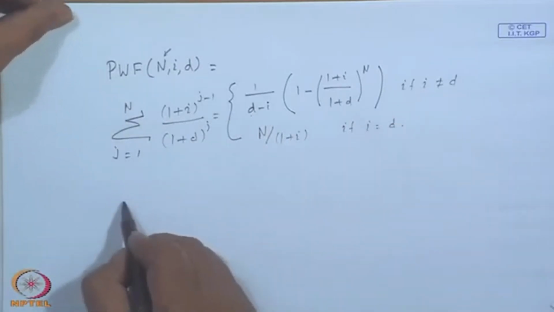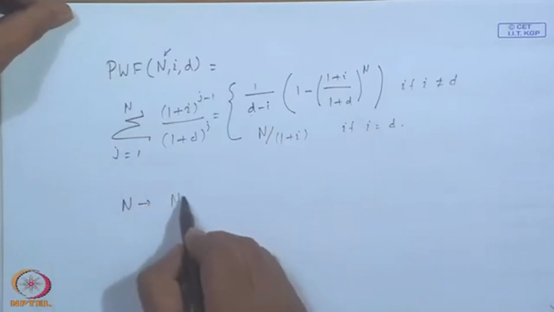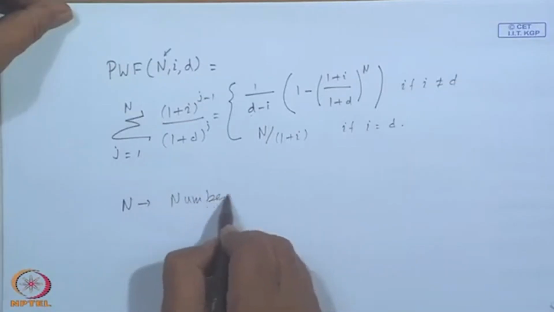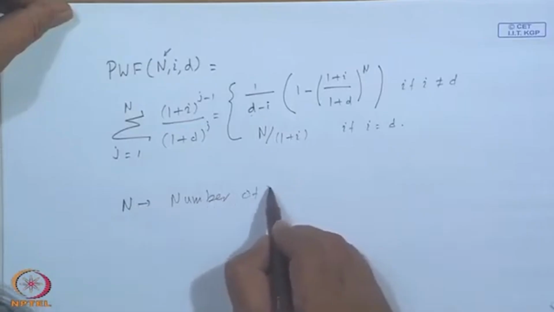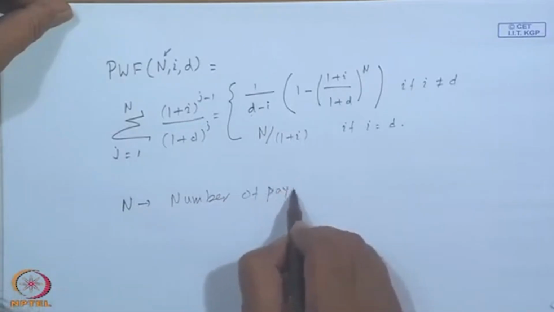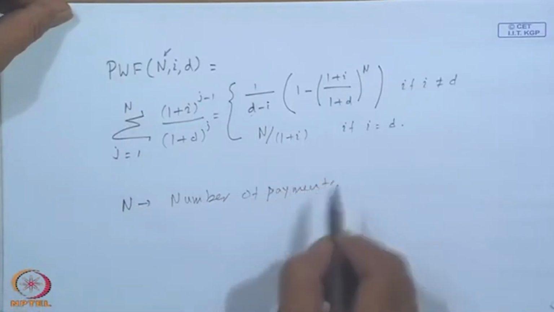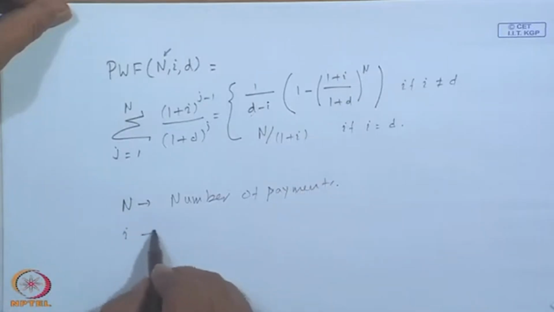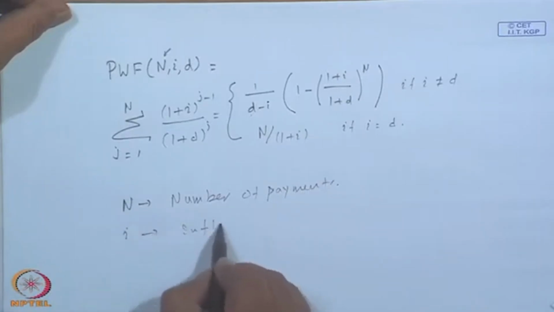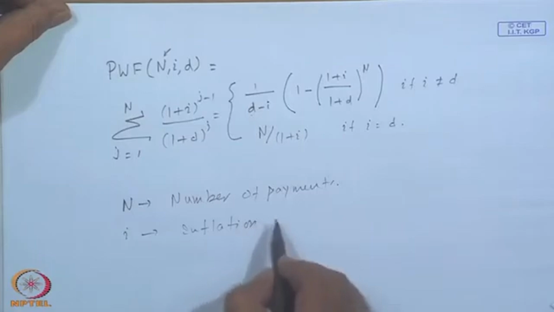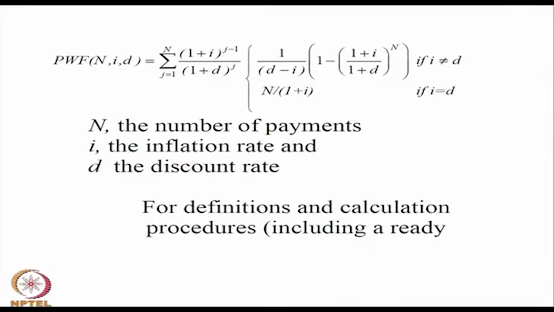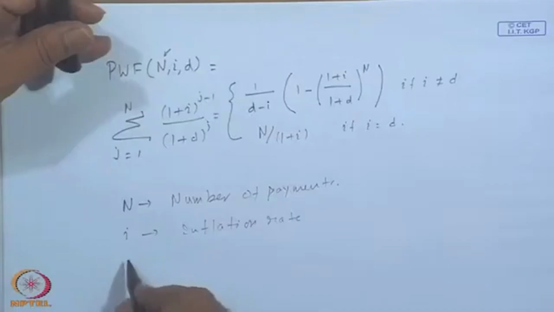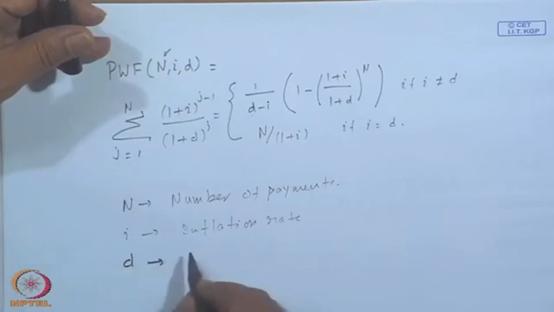N is the number of payments which may be your number of years of analysis, and I is the inflation rate, and D the discount rate.